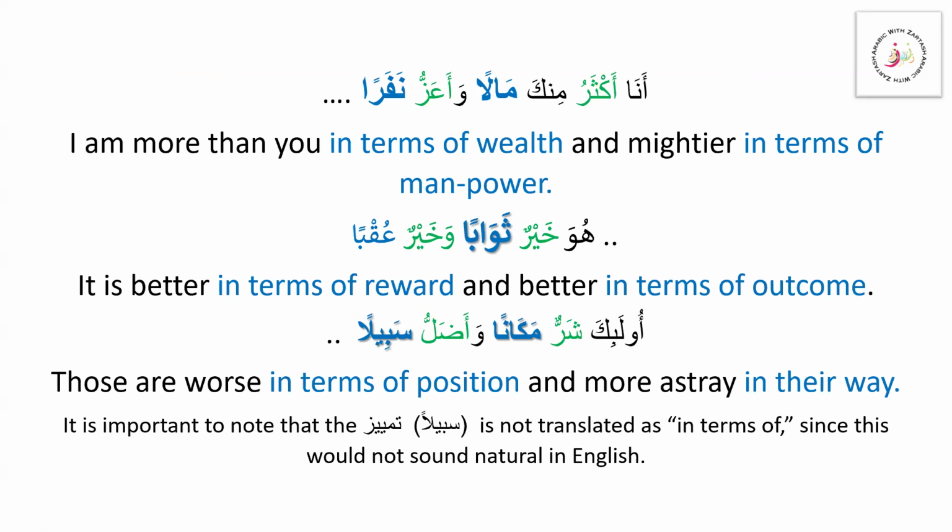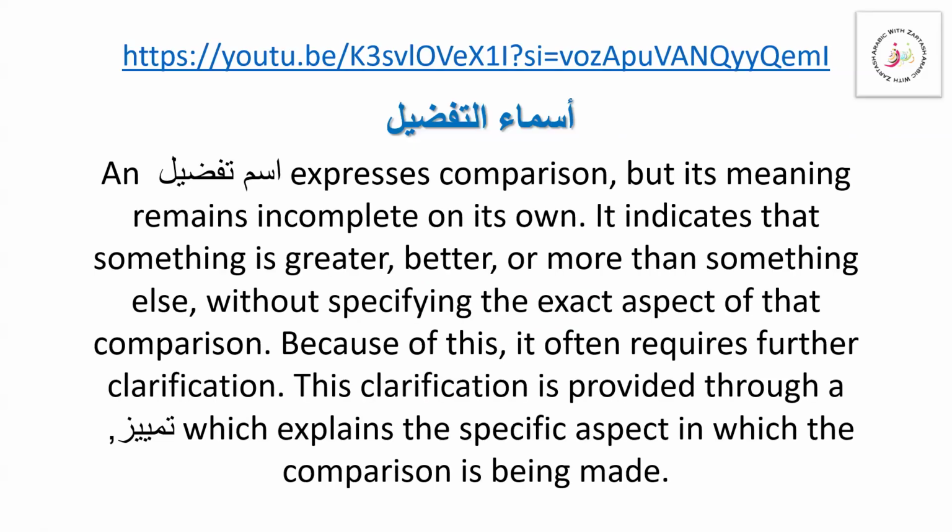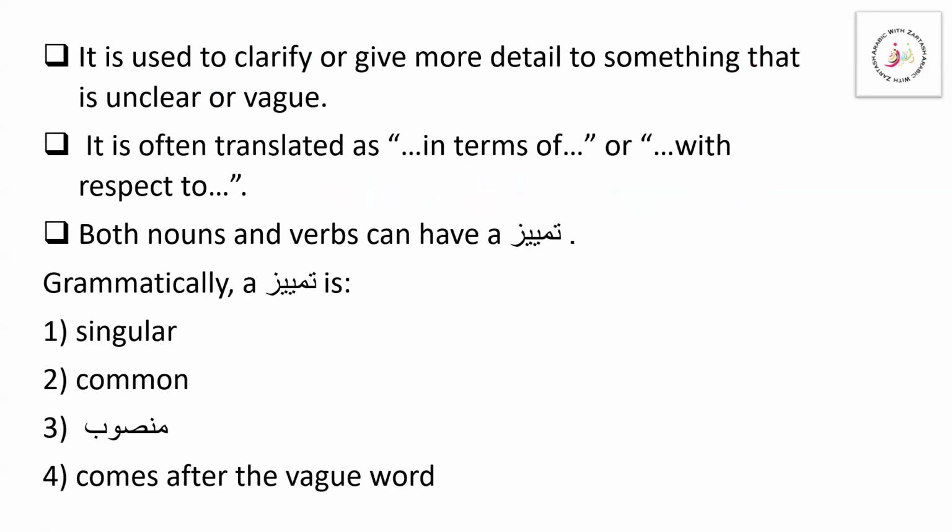Let's look at this first example here. This is from Surah Al-Kahf: Ana aksaru minka malan wa a'azzu nafara. This is very simple. When you know how to look for a tamyiz, there are only 4 points that we need to remember: it's singular and common, it's mansoob, and it is coming after the vague word.